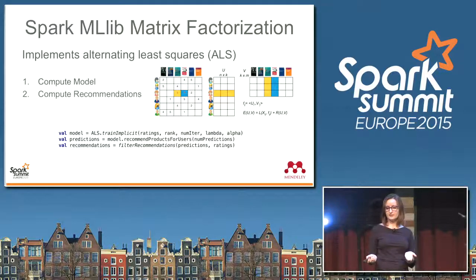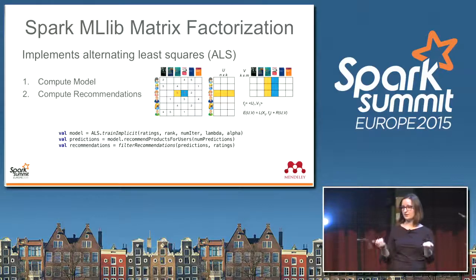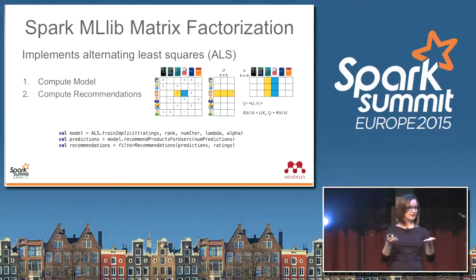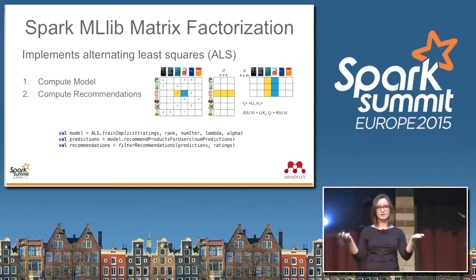And then finally, the matrix factorization, which is what most people go for when they try collaborative filtering. The idea is you compute your model, and as part of Spark 1.4, there is a recommend products for users. So given the user and item representations in the model, you can generate recommendations for all users for all items.